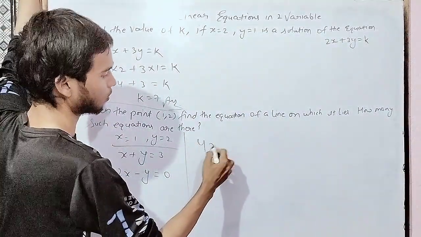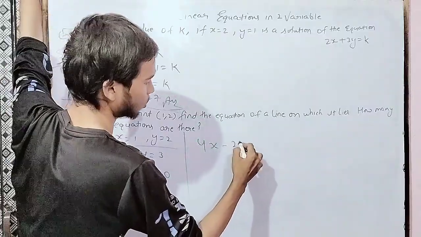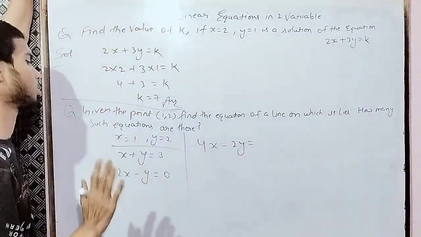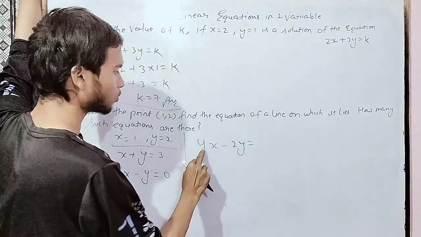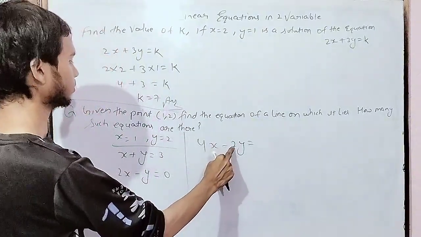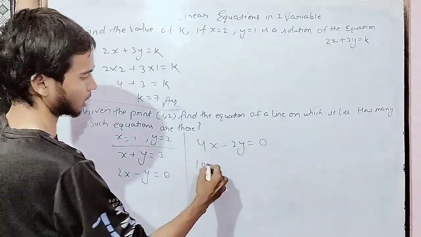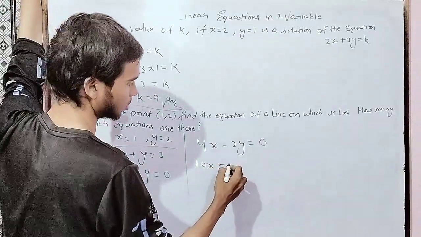For example, 4x minus 2y. Then what will that number be? So here 4 minus 1 and 2 minus 2, again this is 0. Something else?